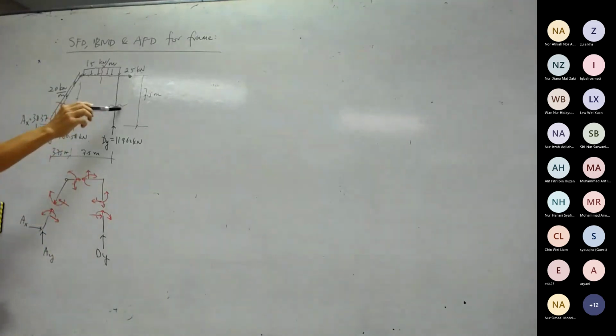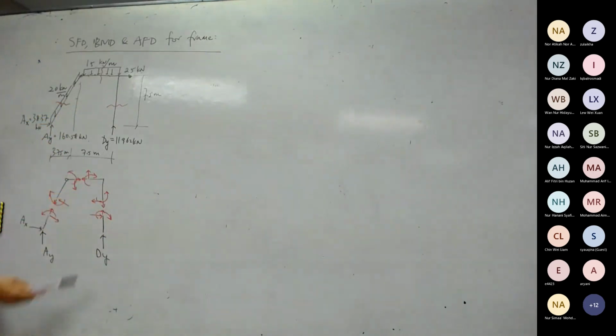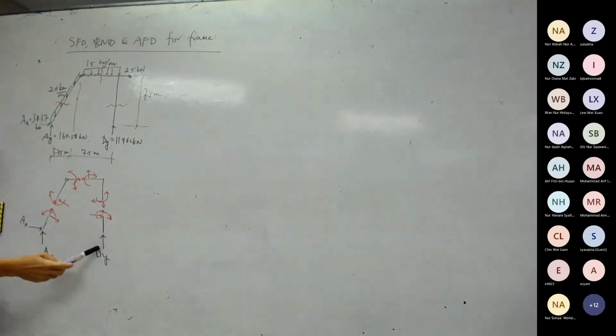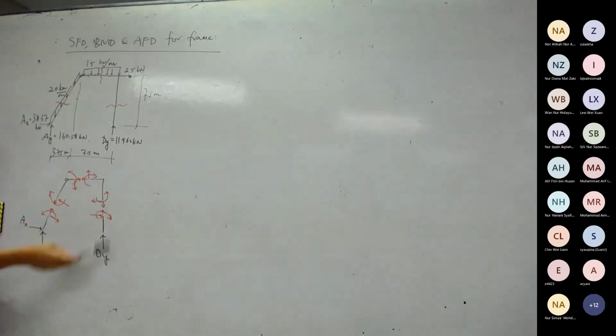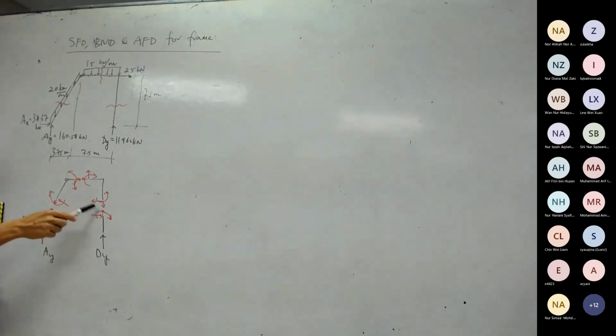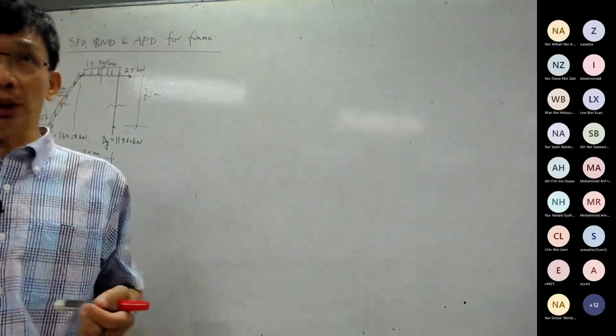For this cut section here, it will be easy to use this free body diagram because this is equal to negative of this, 0, this 0. So it will be easy to choose the free body diagram involving fewer forces to calculate the axial force, shear force, and bending moment. So that is the first few things that you need to be aware of.